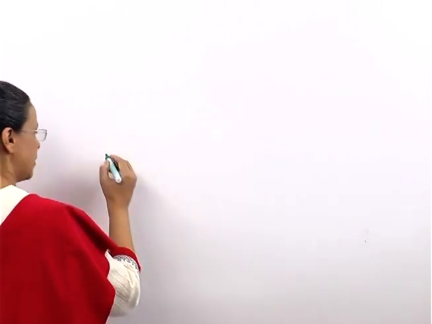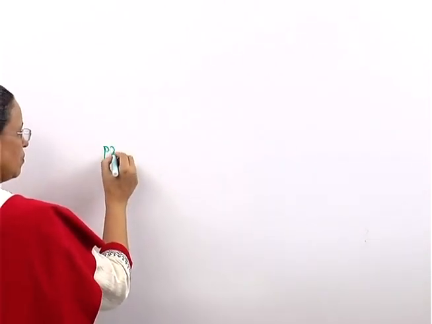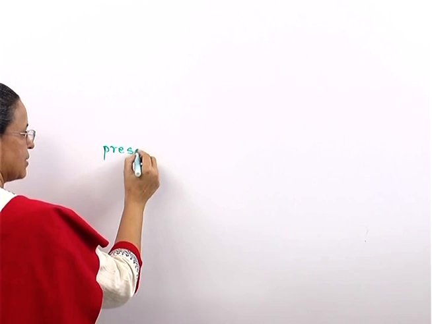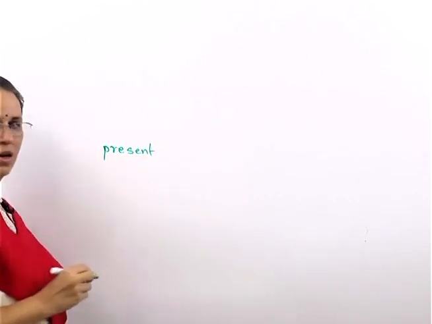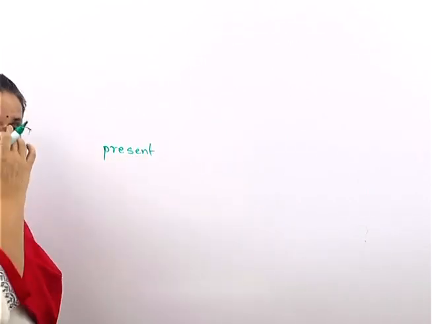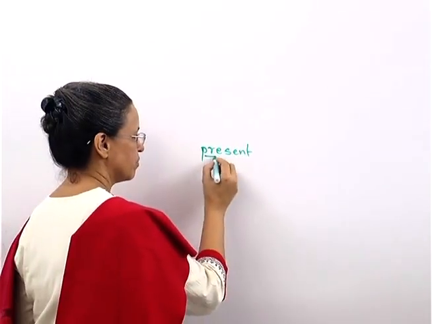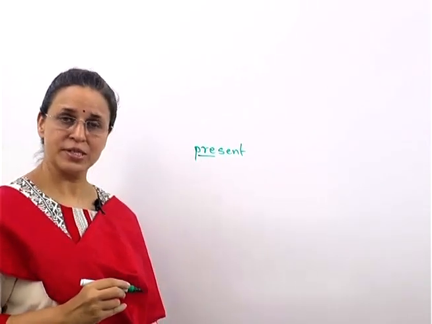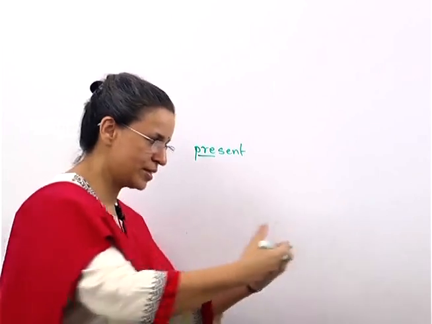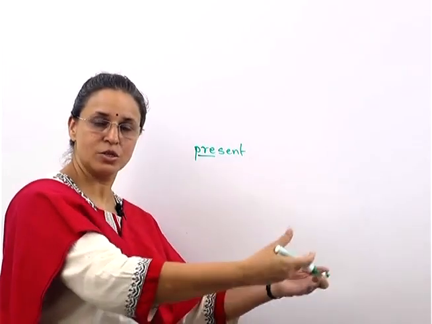Now, here they have given only one example. Let me give you some examples where the stress will change and the meaning will also change. See, for example, if I say present. Now, the first time, if I say present, it will mean I present the prize to somebody.